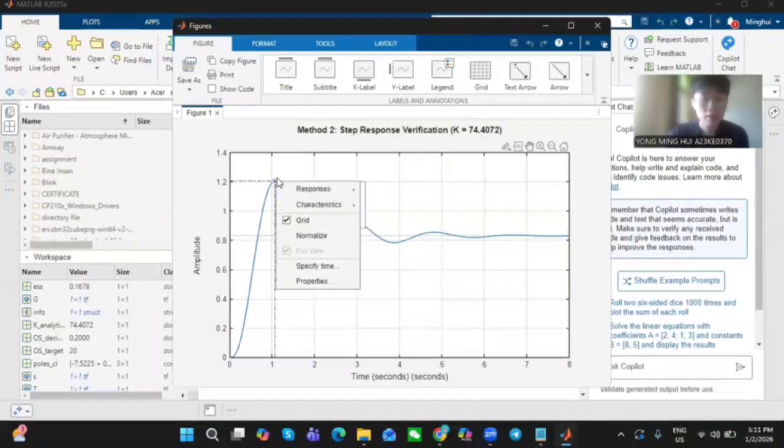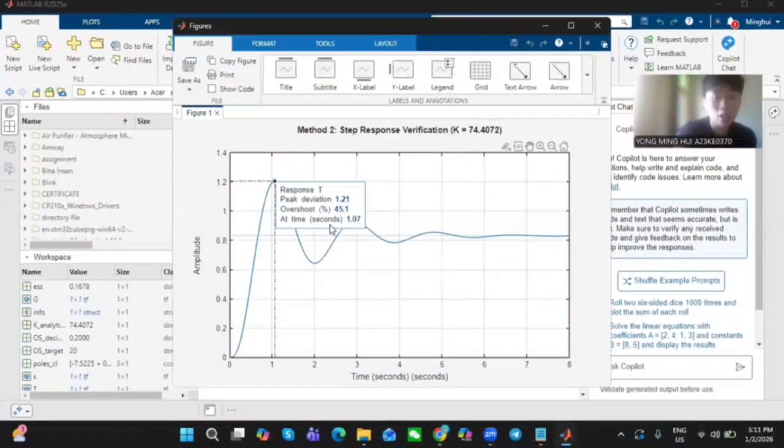Here it shows the overshoot is equal to 45.1%. So this analytical method results in an overshoot of approximately 45%, which deviates significantly from the target.